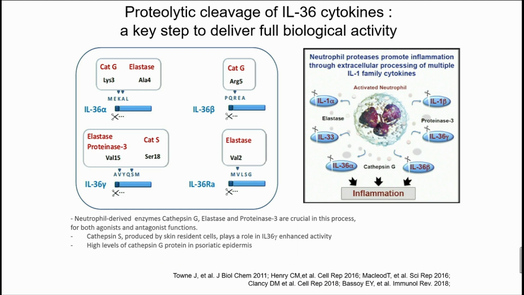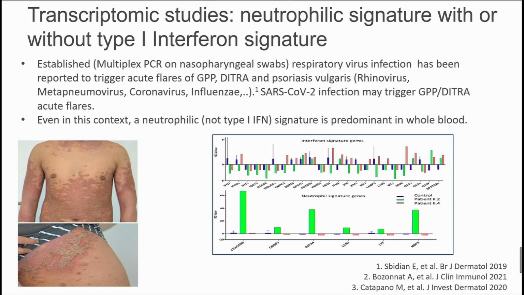And this is due to the fact that this substitution in valine 2 is leading to an impairment of the activity of elastase, which is mandatory for the bioactivity of the IL-36 receptor antagonist. And this is why this elastase, which is a protease very importantly released by neutrophils, it's important to have this cleavage step to activate the antagonist.